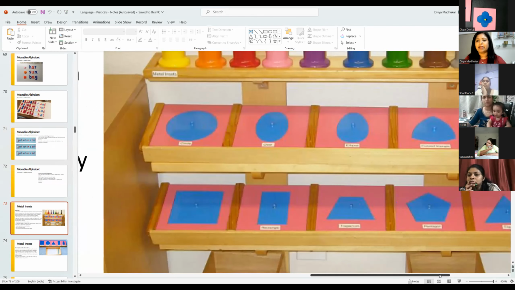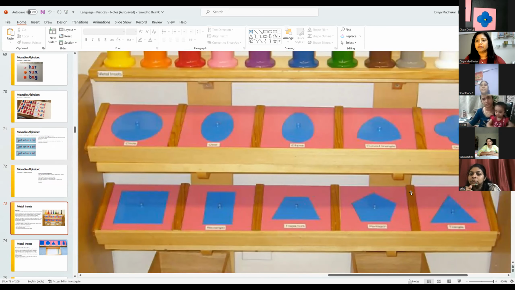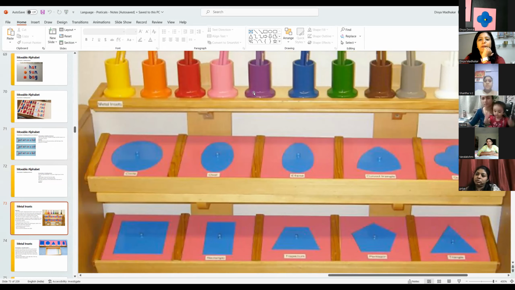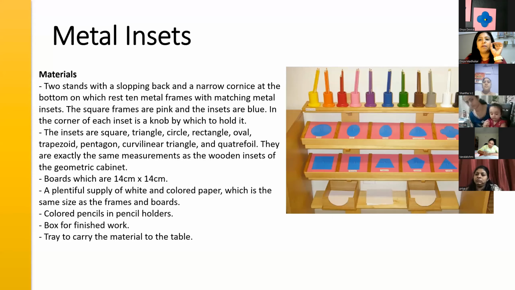So each of these metal insets needs to be arranged on the stand like this. Now can you see on top that there are color pencil holders? You have to keep different color pencils because I told you at the beginning itself, we are only using color pencils to work on this particular exercise. So only color pencils will be given.